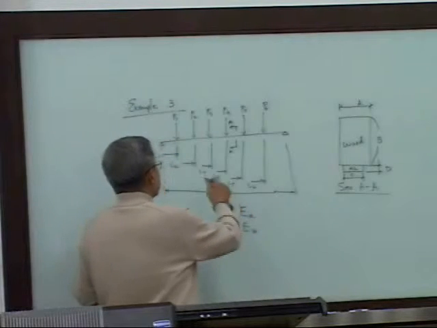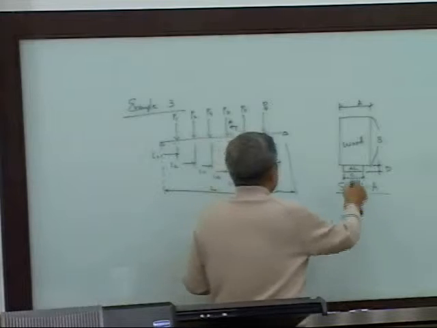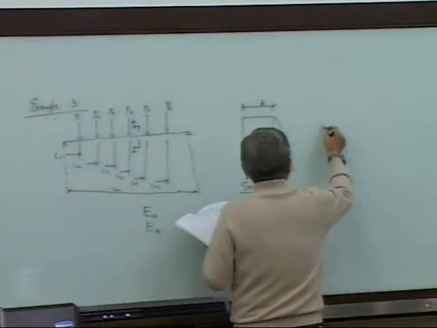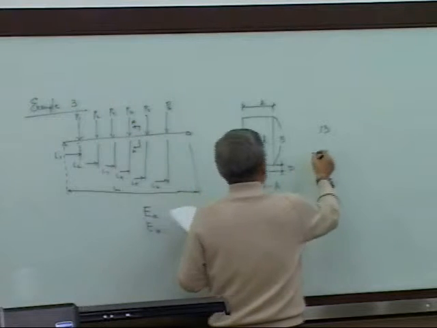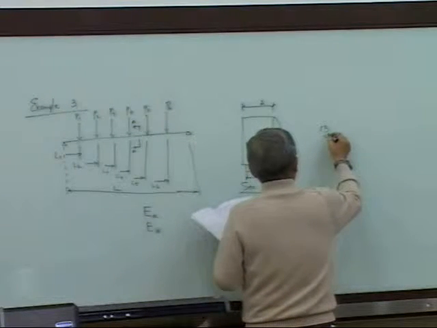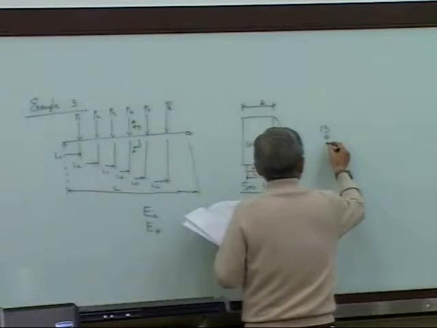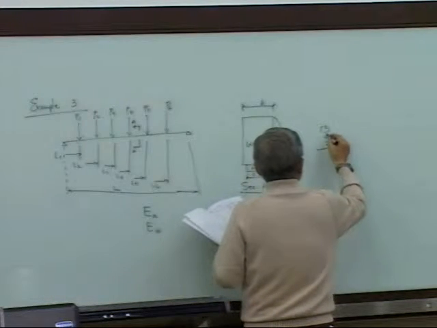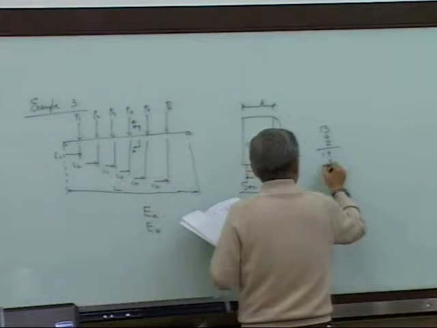So how many random variables so far? Loading is 6 and 7, so there is 13. Then 4 cross-sectional dimensions, and Young's modulus is 2. So 19 plus one more.